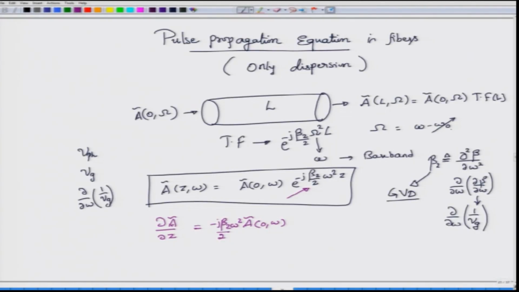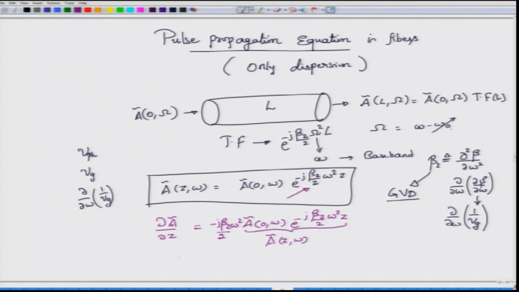Because I am differentiating with respect to z, I will pull out this minus j beta 2 by 2 omega square, and of course, since this is an exponential, I keep the remaining exponential term as it is. And now, you quickly realize that this entire term, A of 0 omega multiplied by the transfer function, is simply the Fourier transform of the pulse at z itself.